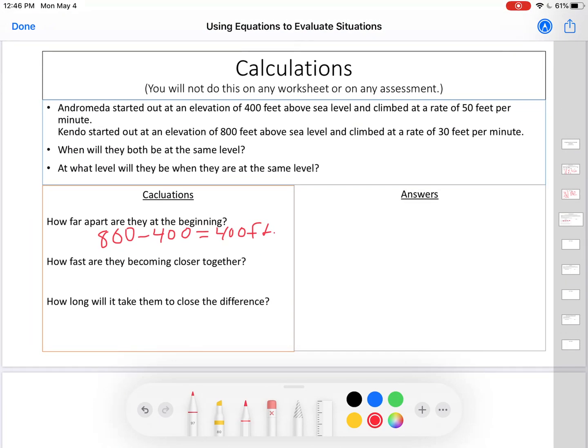See, if this goes up by 50 and this goes up by 30, then one is going 20 faster than the other. All right, so the way we get that is 50 minus 30 equals 20 feet per minute.